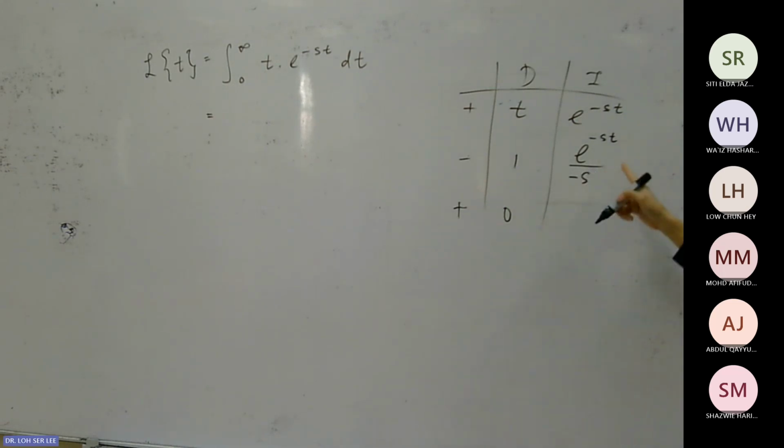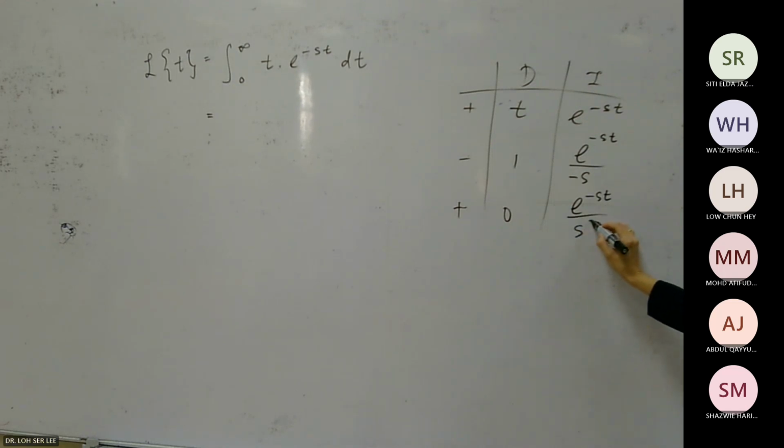Negative s, because we are integrating with respect to t. So once again, e negative st over s squared.